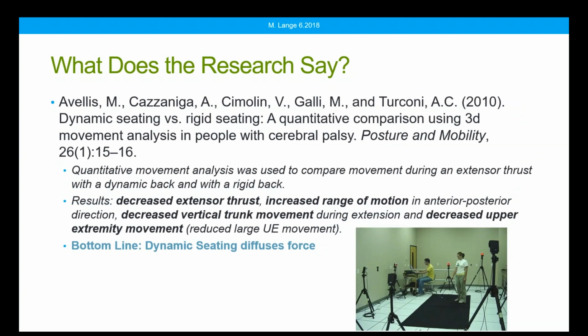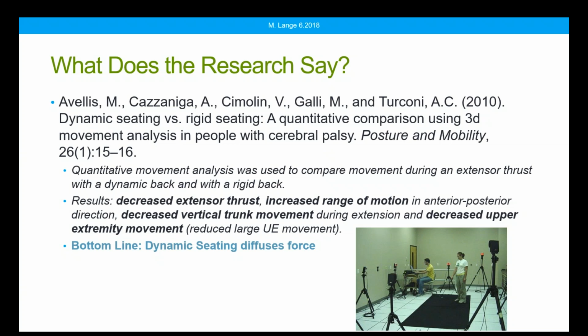This particular study was done by a group in Italy, and they specifically looked at movement analysis of someone using dynamic seating, particularly people who had cerebral palsy. So it was a movement analysis comparing movement that occurred when the client was sitting relatively still in their seating system, and then during that extensor thrust pattern, where we see that global extension in the body.